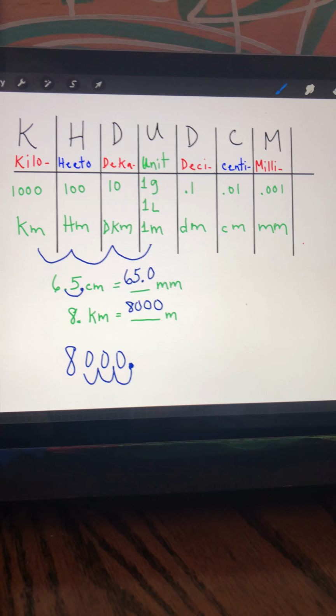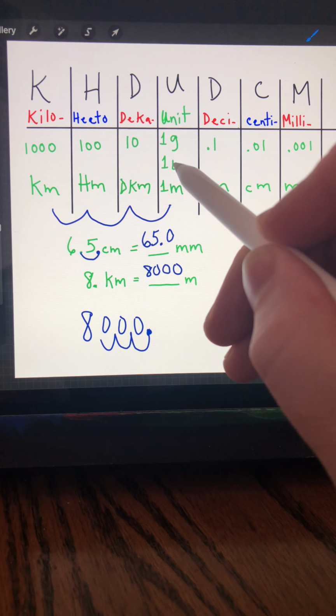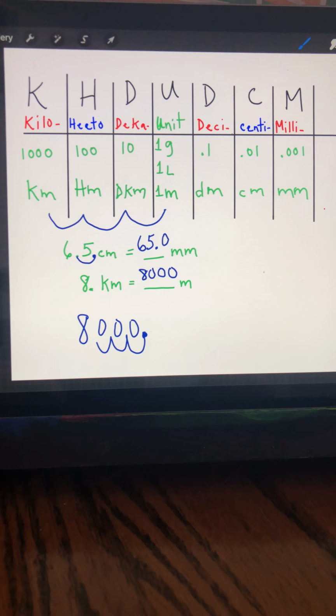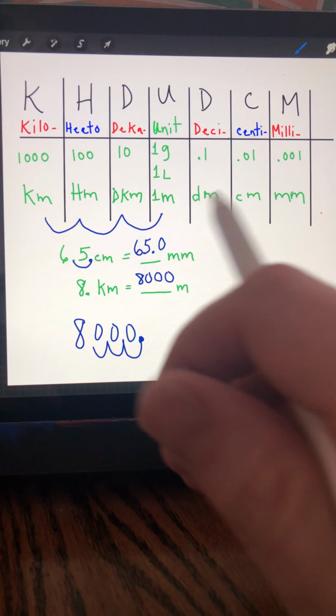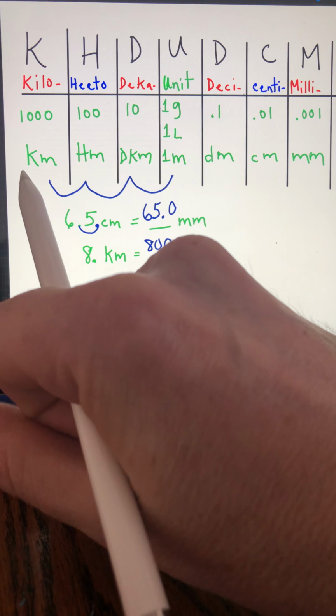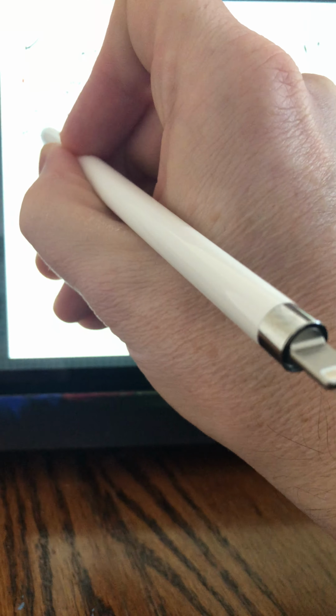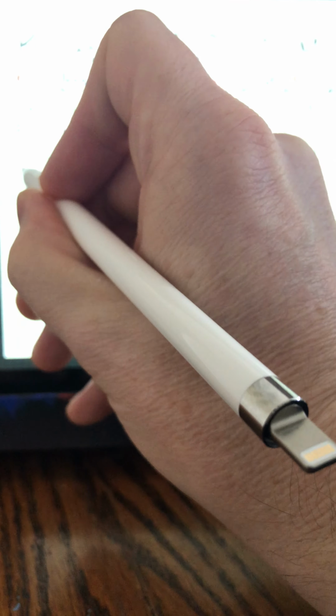We can use this video for the next 3 lessons on meters, liters, and grams. It works for all of them. The only difference is, instead of a kilometer, I might have a kilogram, or I might have a kiloliter.